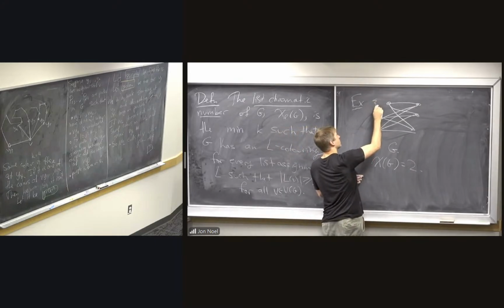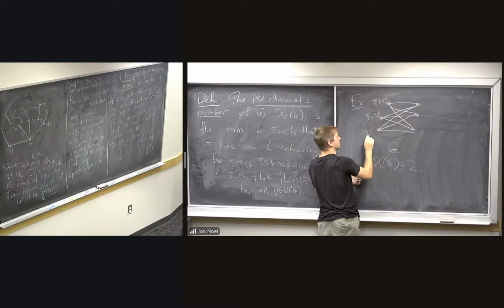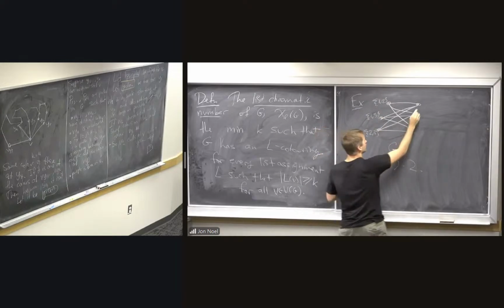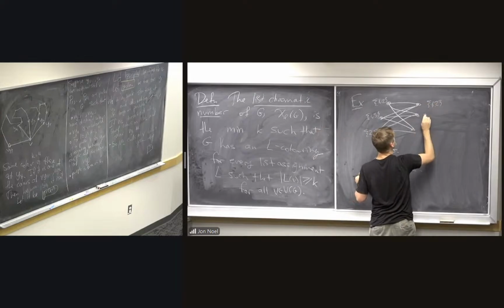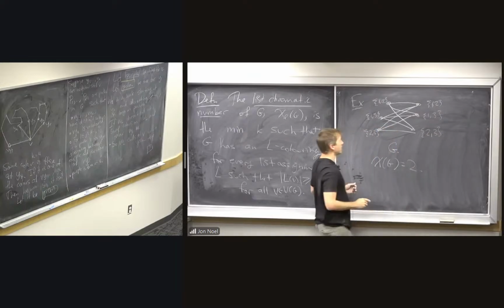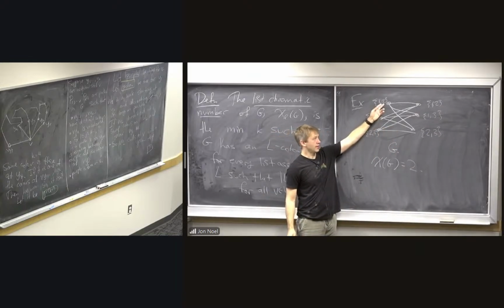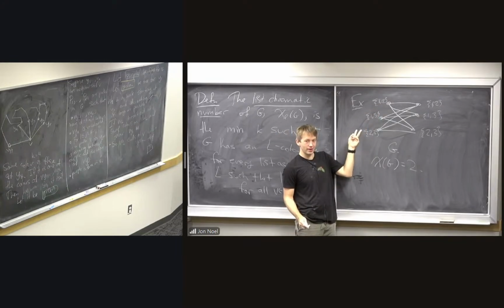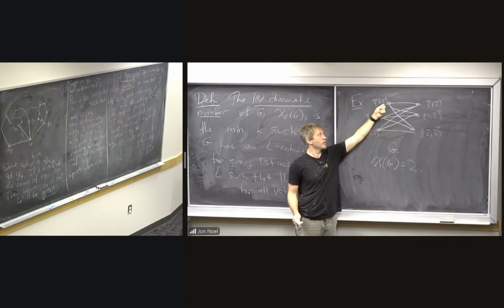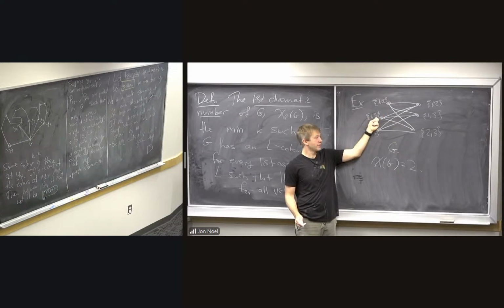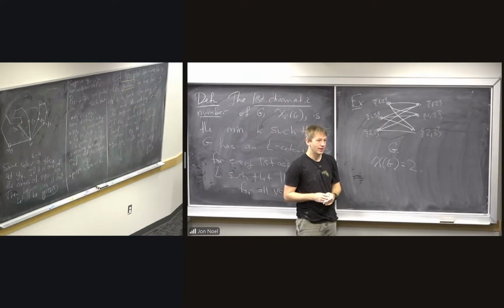However, suppose I assign lists of size 2 in this way. So this vertex has to get color 1 or 2. That one has to get 1 or 3. I'm trying to find a proper coloring where that one gets 1 or 2, that one's 1 or 3, 2 or 3, and then it's kind of the same on the other side. It doesn't exist.